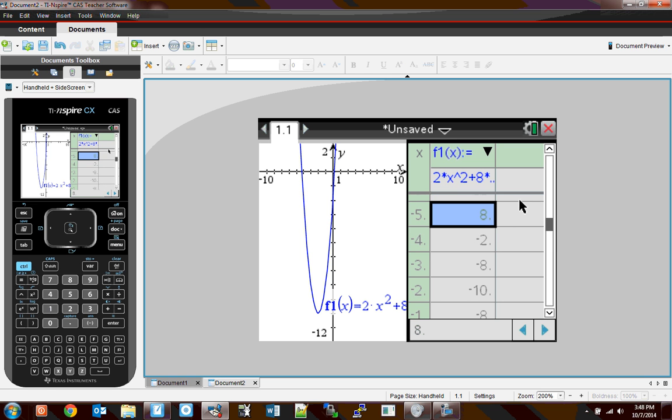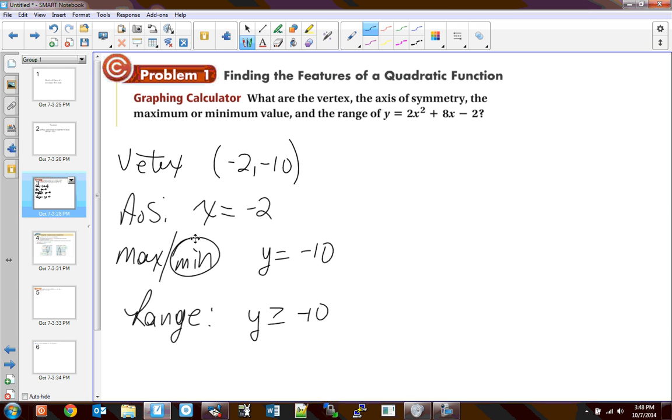If we go up here, 8. So we found the symmetry, so we know that -2, -10 had to be our vertex. All right, and we also know that it's a minimum by looking at the graph. We know our axis of symmetry is always equal to the x-coordinate of our vertex. And then our range, since this was a minimum, our range is greater than or equal to -10. All right.